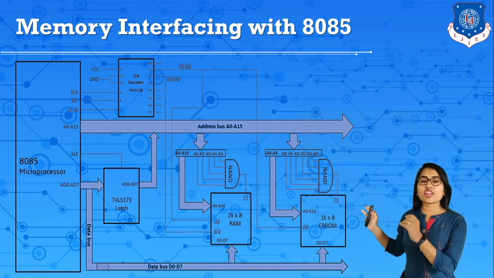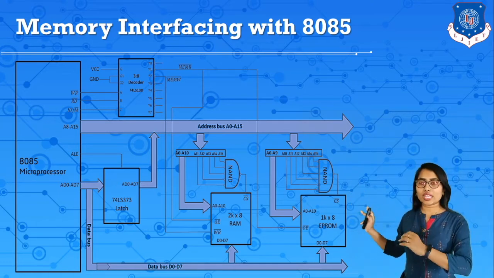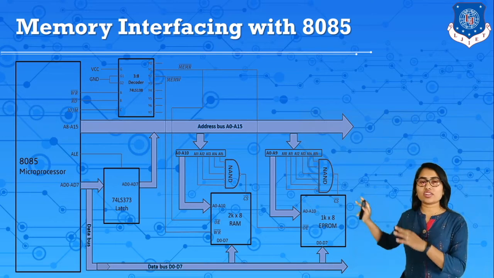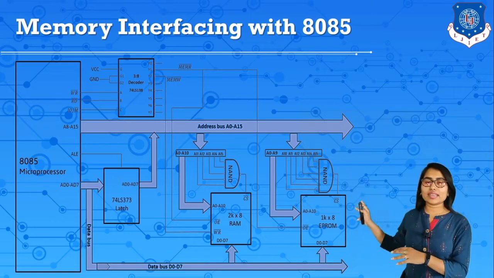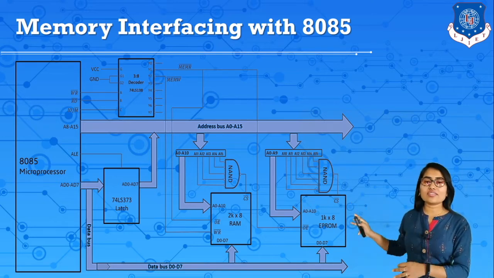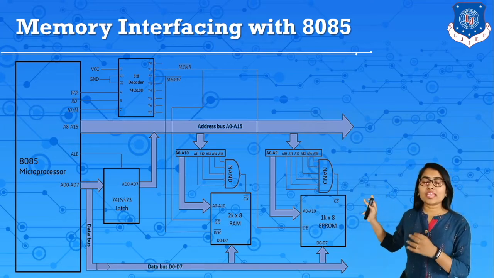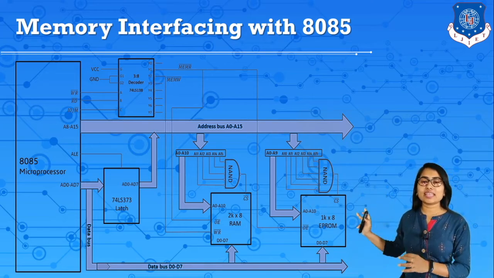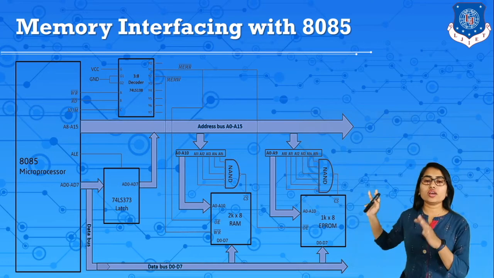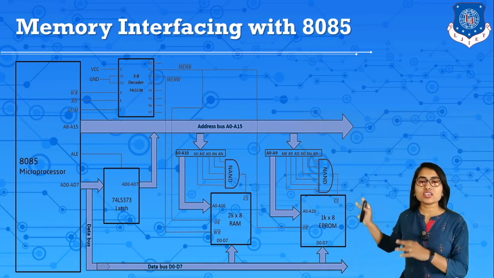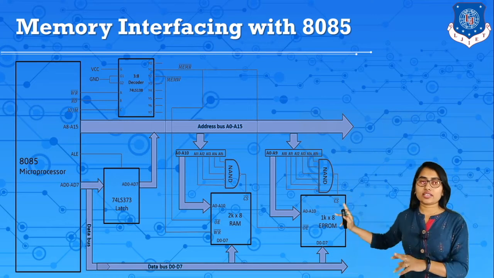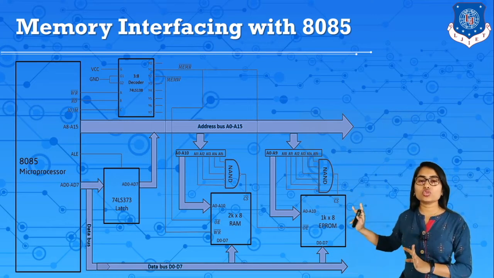In this RAM, lines A0 to A10 are used as address, and in the EEPROM, A0 to A9 are connected. The remaining lines are used as chip select.